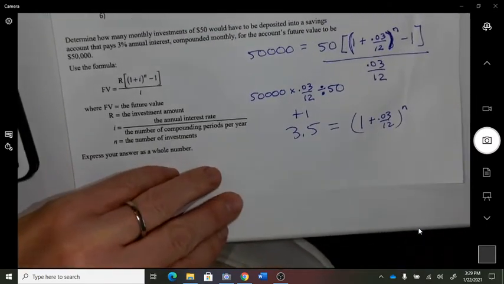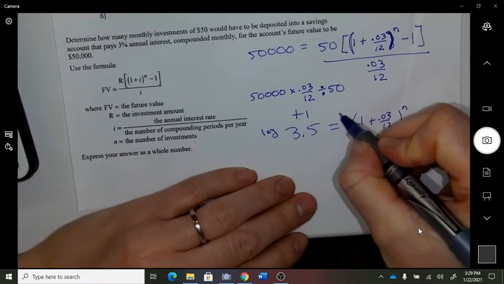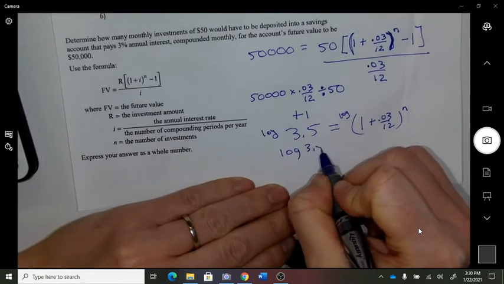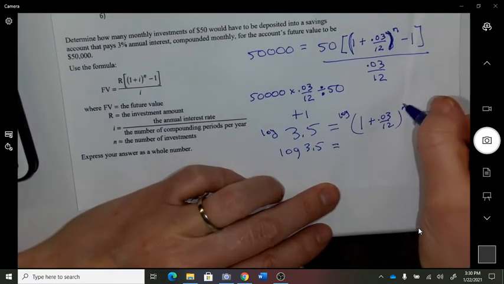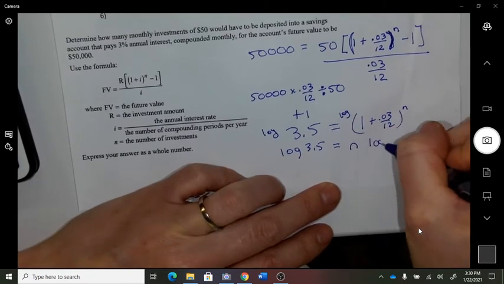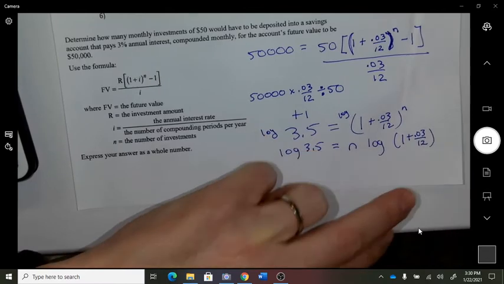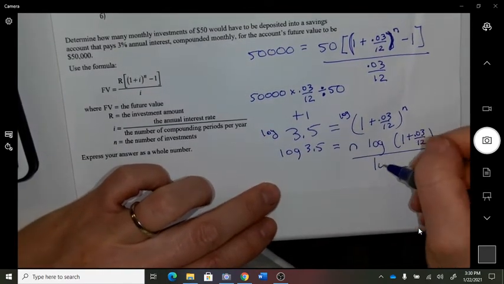How do we solve for a variable in the exponent position? We're going to have to log both sides. So log 3.5 equals, and when I log this, I can now move the exponent as a coefficient. Okay, to isolate n, I'm going to divide.